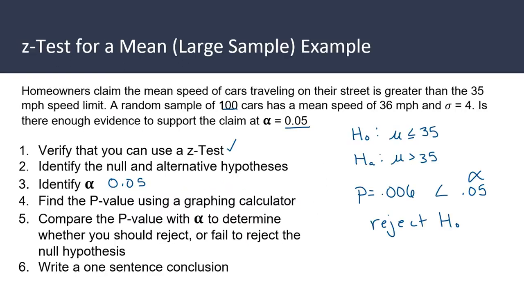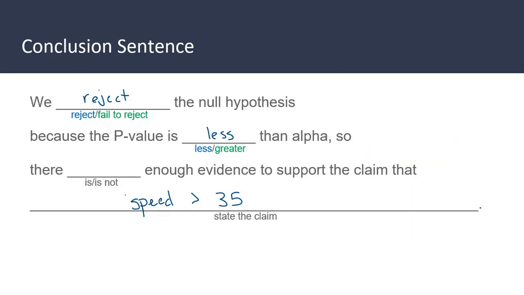All right, our claim is in the alternate hypothesis. So if we reject the null, we are saying there is enough evidence for this alternative hypothesis. So there is enough evidence to support the claim that the average speed is greater than 35 miles per hour.